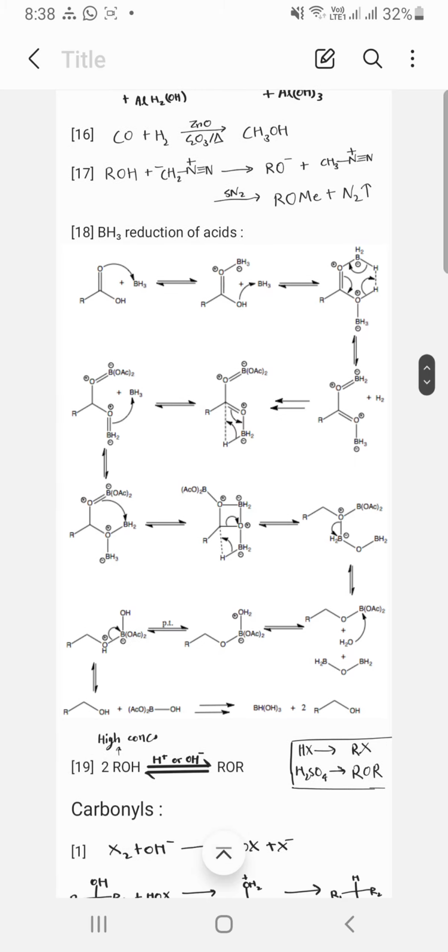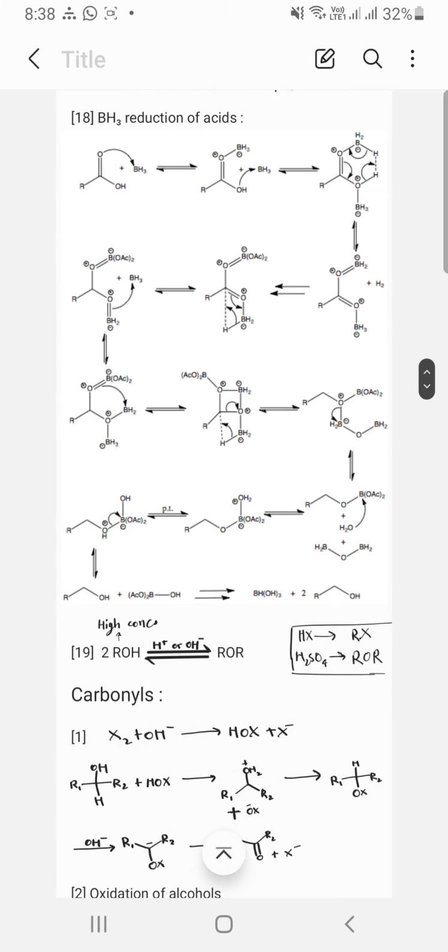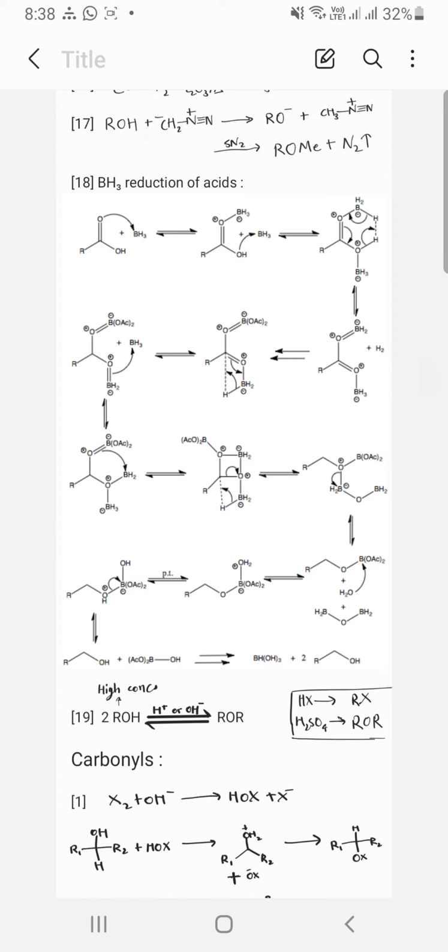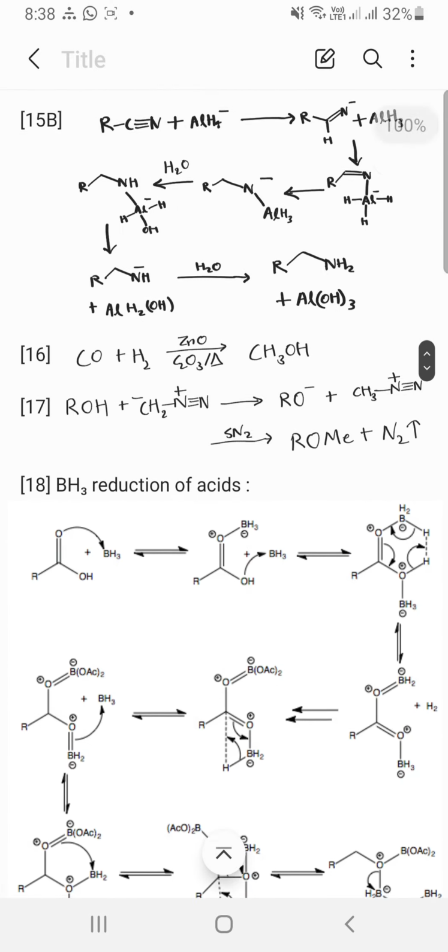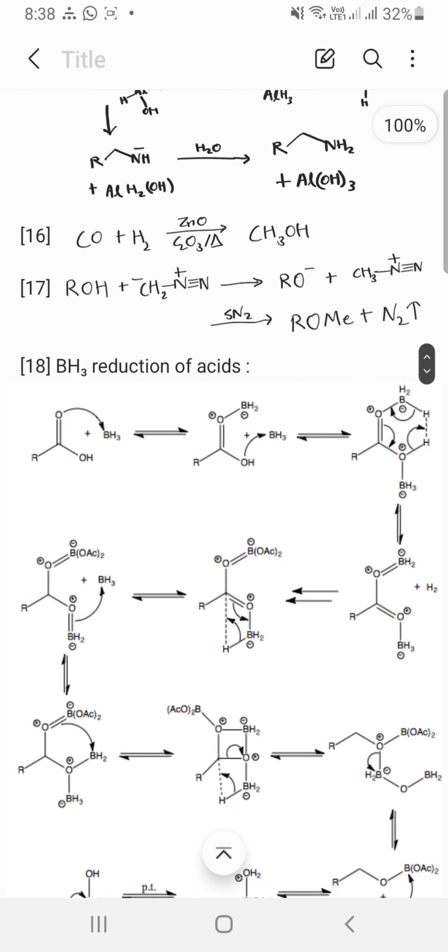Okay, BH3 reduction of acid, a very long mechanism, but the final thing is that it reduces to an alcohol. Okay. Let's look at the number of equivalents required for BH3. So you need 1, 2, 3. Till now you got 3 equivalents. Okay.